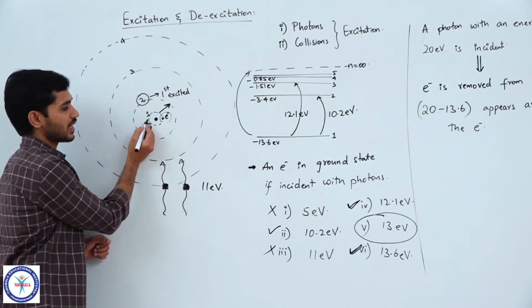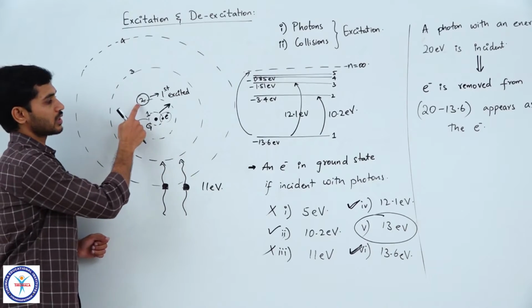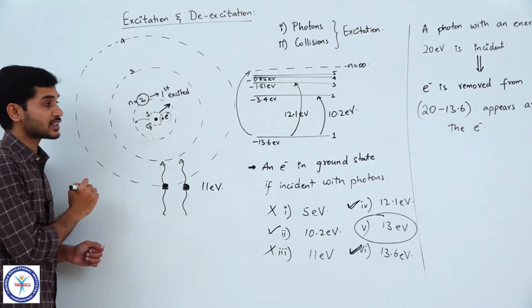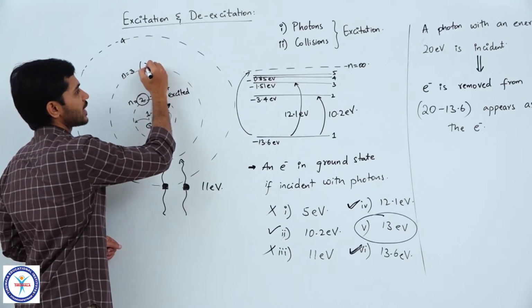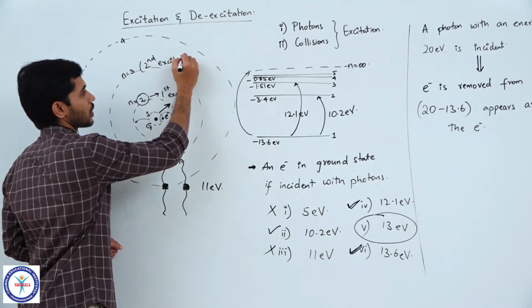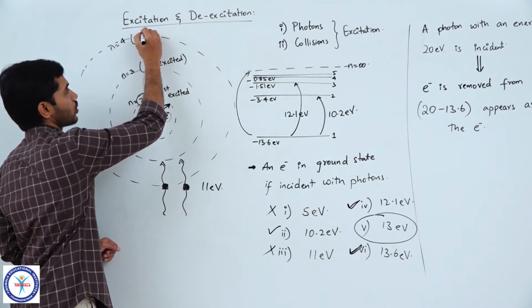So, the smallest excitation that can happen is 1 to 2. So, the second state, or n is equal to 2 state, is also called the first excited state, and n is equal to 3 state is called the second excited state, and n is equal to 4 corresponds to the third excited state, and so on.